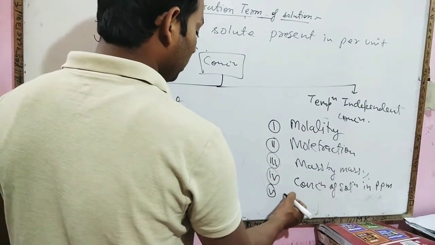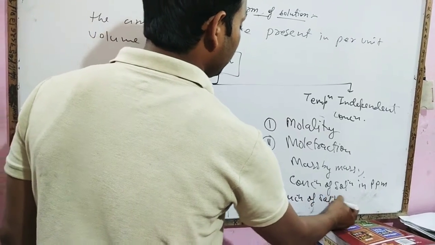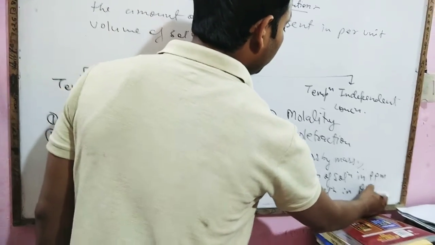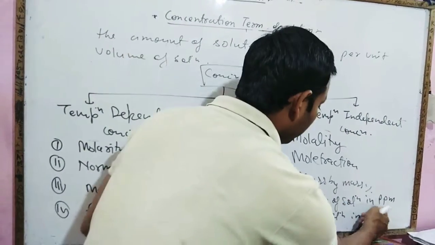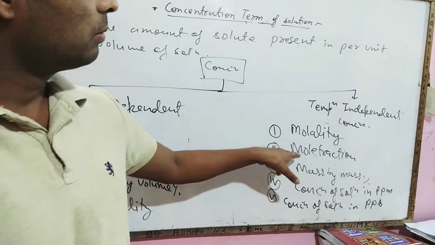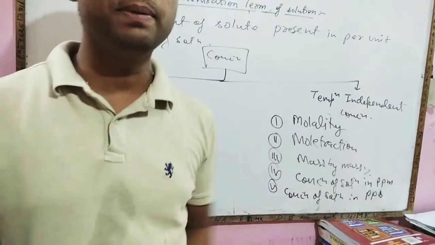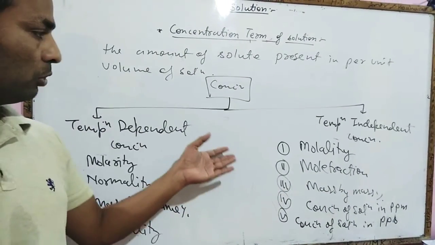Fifth one is concentration of solution in ppb, parts per billion. So these all are types of temperature independent concentration. Clear, students? Okay, now take a screenshot.